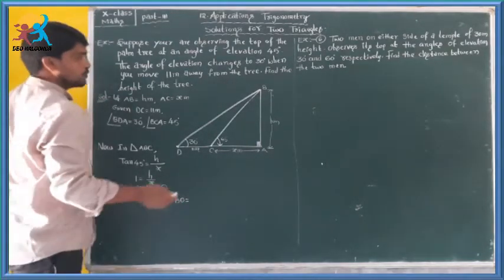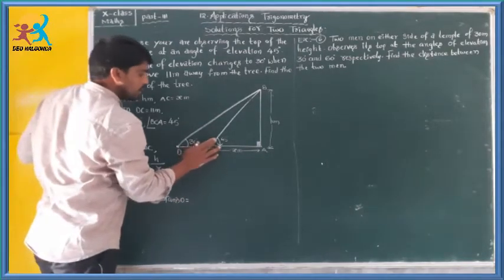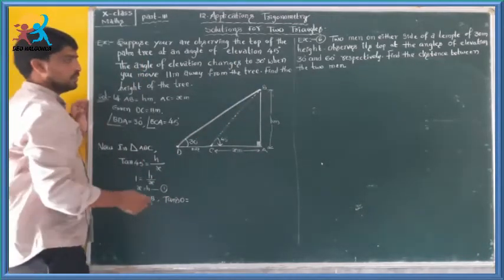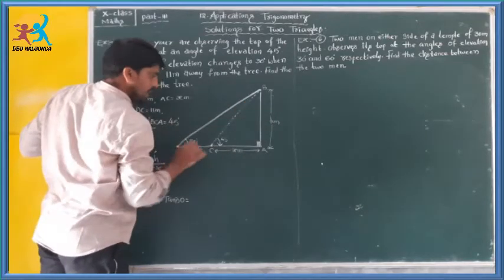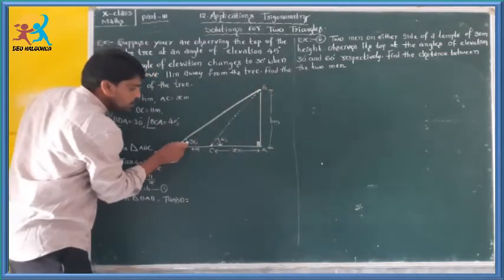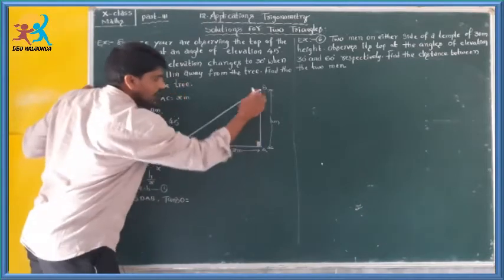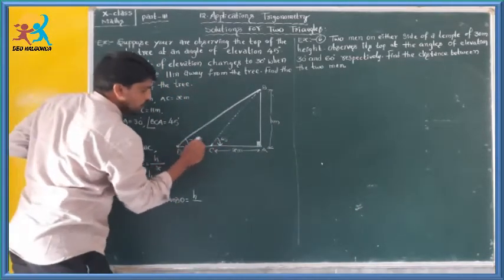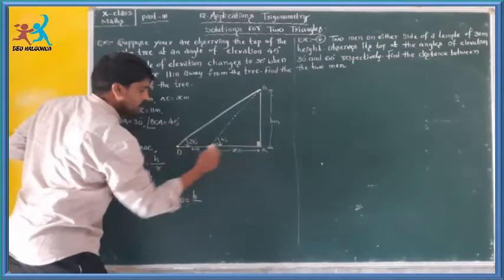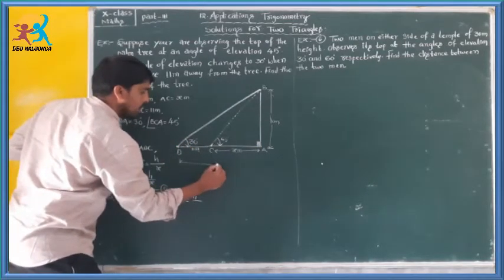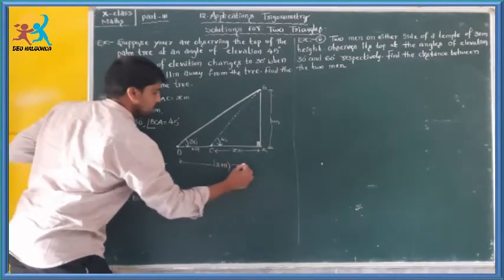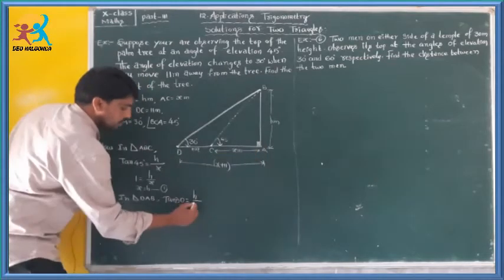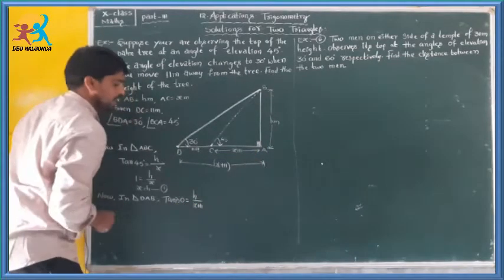Don't consider BC; we are taking only triangle DAB. Opposite to 30 degrees is AB, that is h meters, and adjacent to 30 degrees is DA. What is the value of DA? x plus 11 meters.